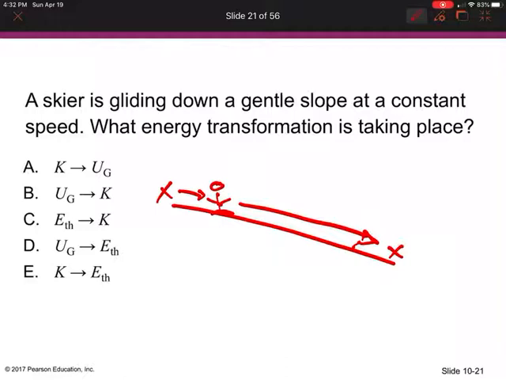Yes. What other kind of energy do you think might be taking place? Thermal energy, because there is some kinetic friction involved. So this one's going to look more like this. You started at potential, you're going down the hill, and you're creating thermal energy.